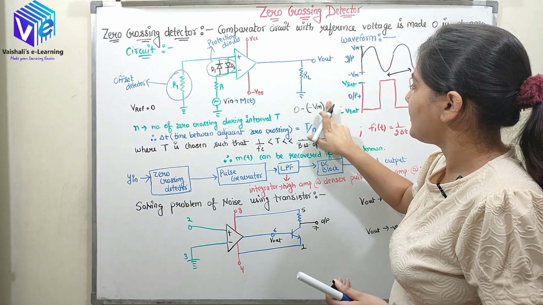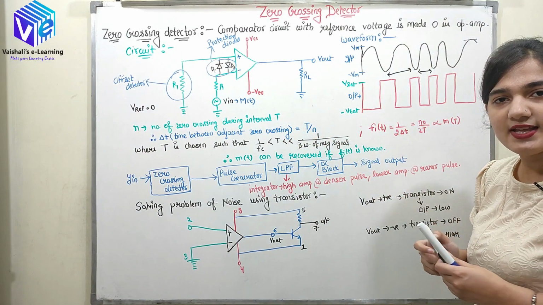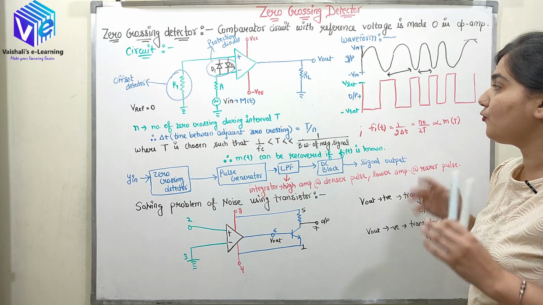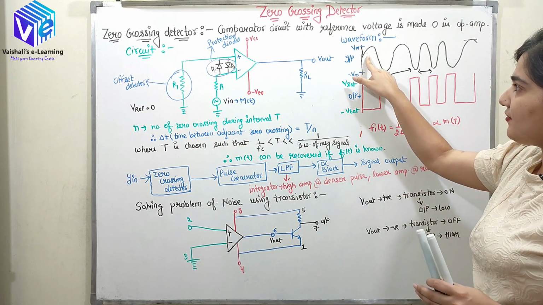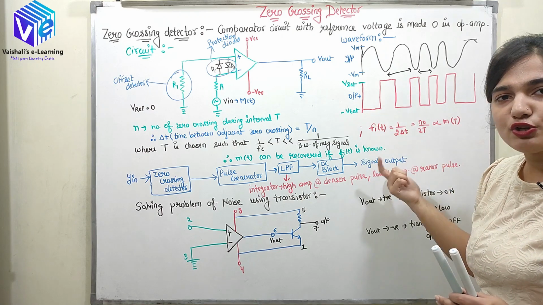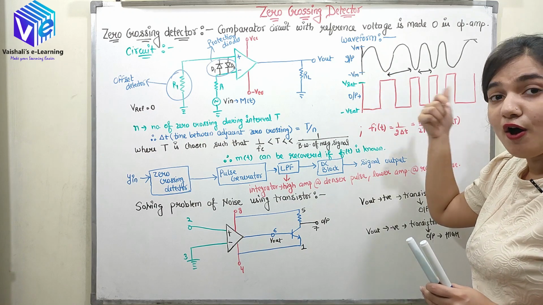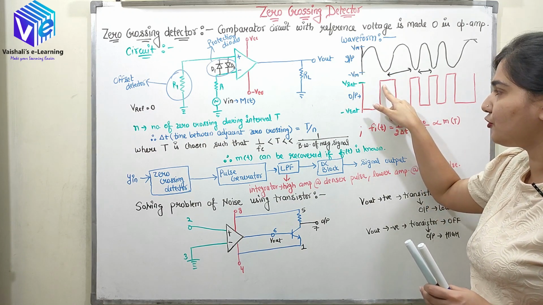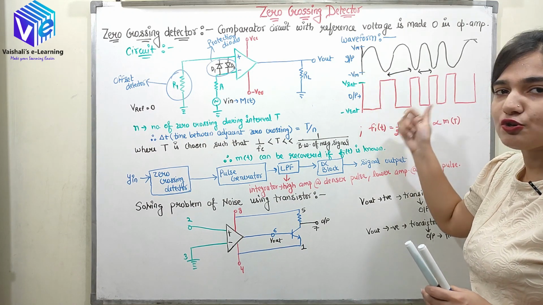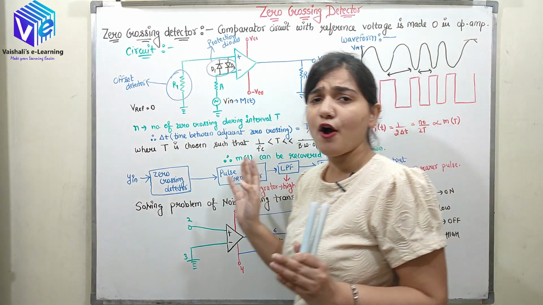Whenever positive Vm is supplied, I'll get the positive saturation voltage as the output. So what we understood is that whenever we supply the positive voltage, the output is the negative saturation voltage, and whenever we supply the negative voltage of the FM wave, the output is the positive saturation voltage. I hope you understood how this waveform came out.